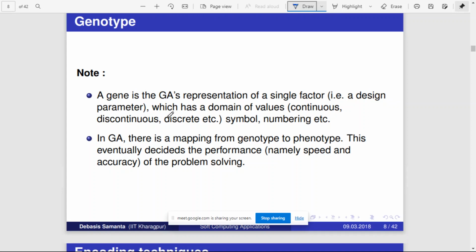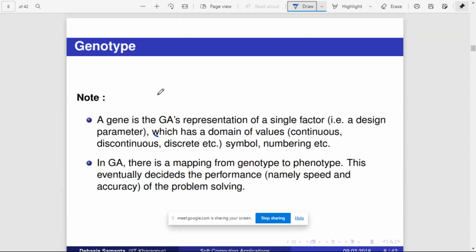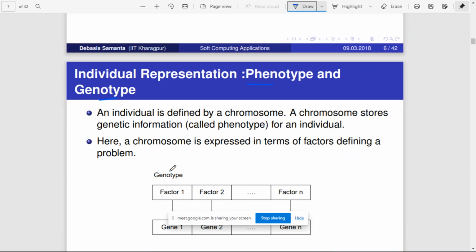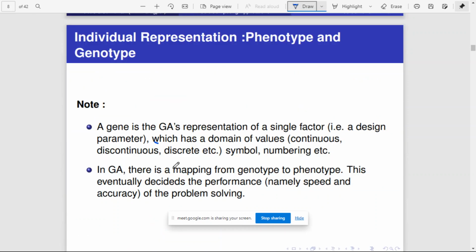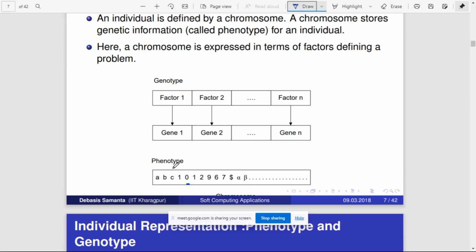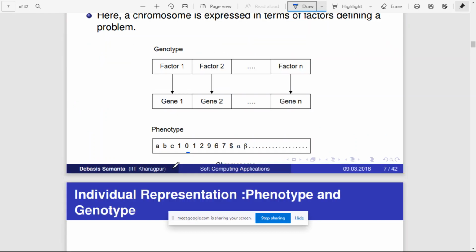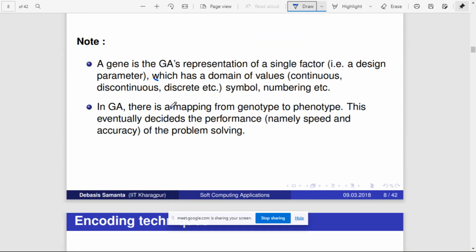So this is with respect to genetic algorithm, genotype and phenotype. But with respect to what we discussed in the previous slide about genes and genetics, in the case of a genetic algorithm, a gene is the GA representation of a single factor.